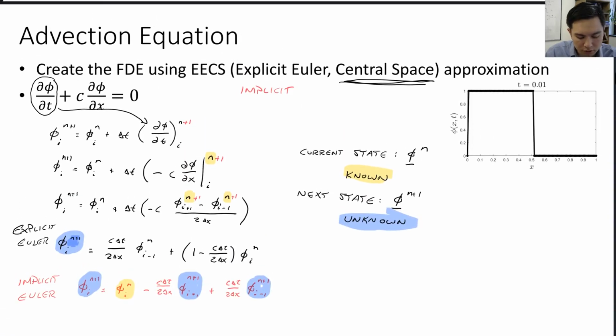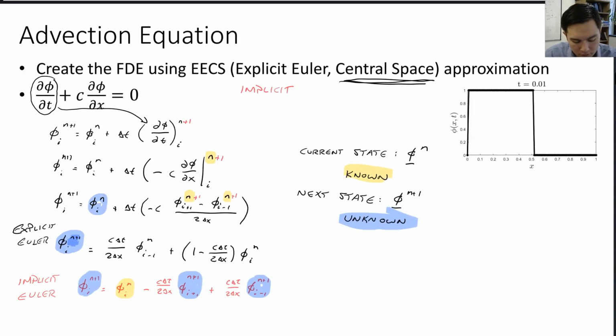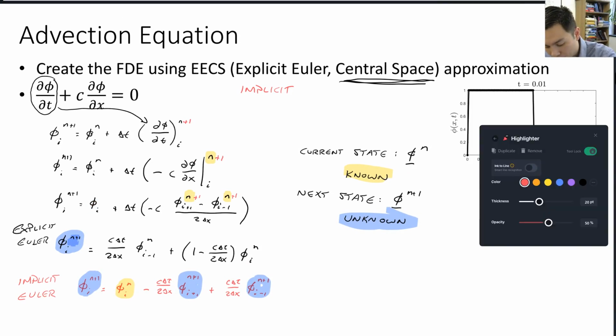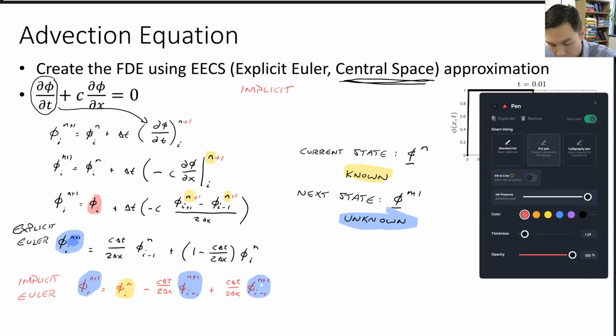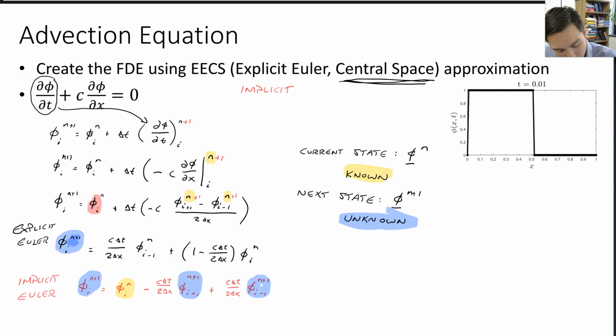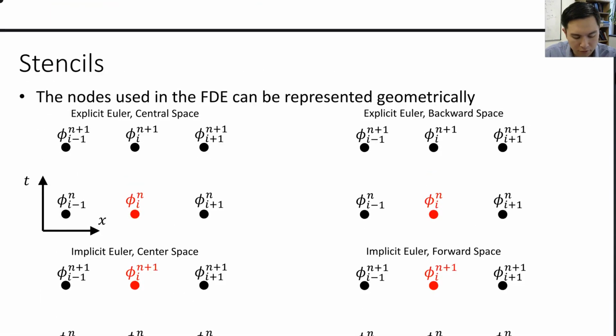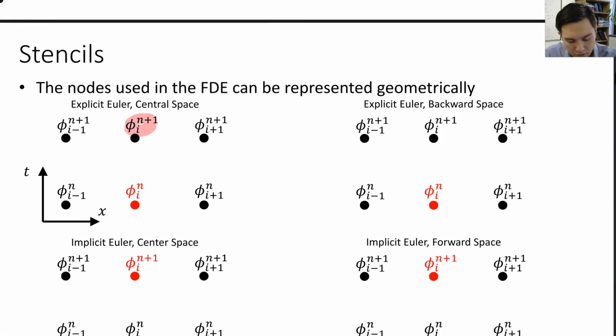Well, we used our phi n. For the explicit scheme, at least, we used phi I plus 1 and phi I minus 1 n, as well as phi I n plus 1. So we used the following 4 elements.